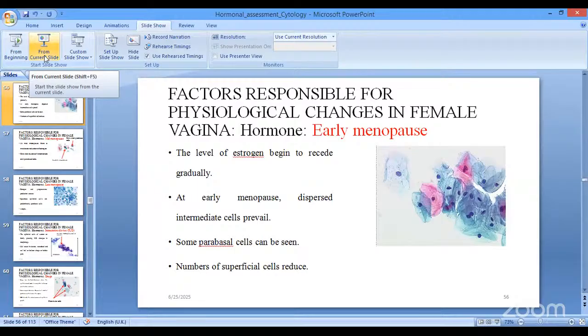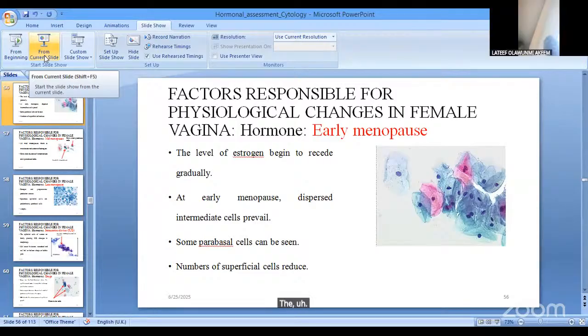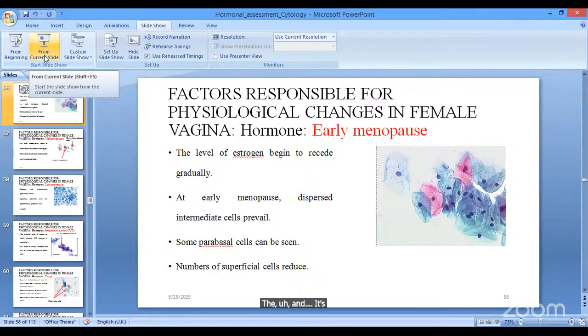In some instances you may find some parabasal cells. And it's telling you that the endocrine system is gradually going into a state of perpetual inactivity. The number of superficial cells reduces.